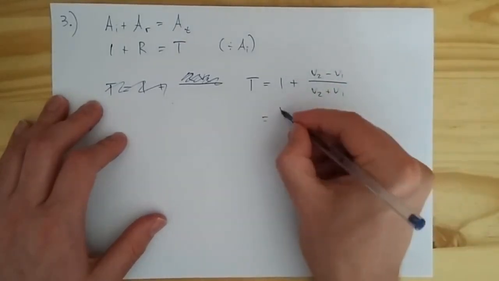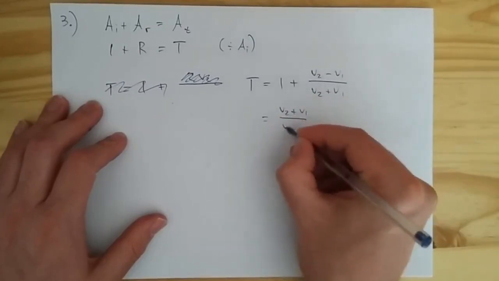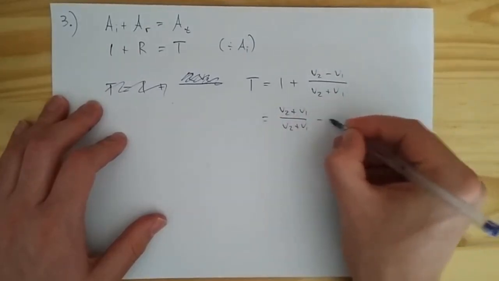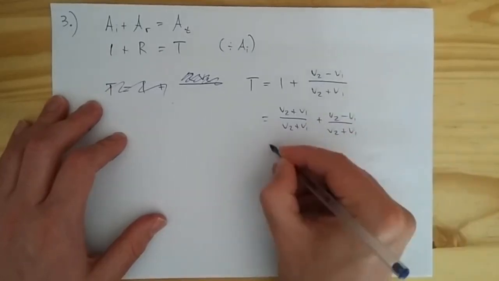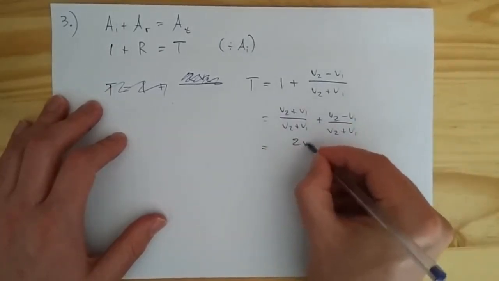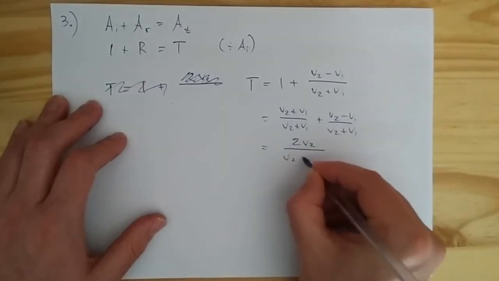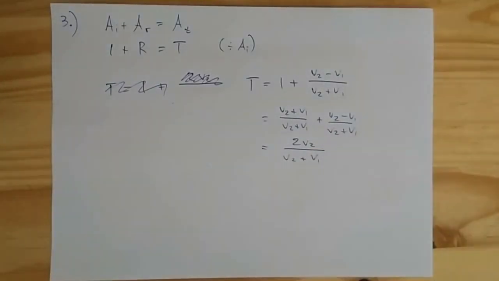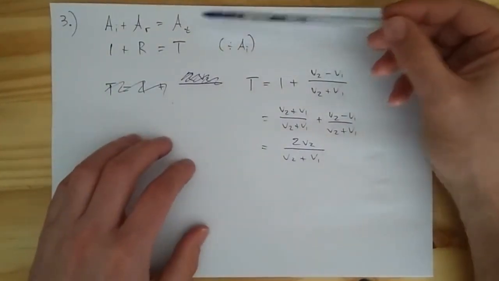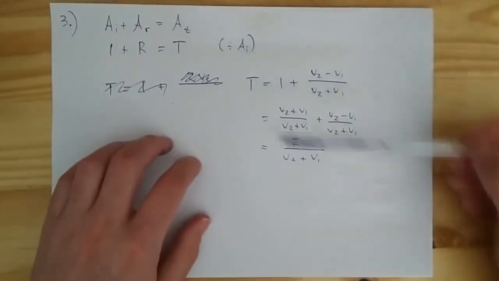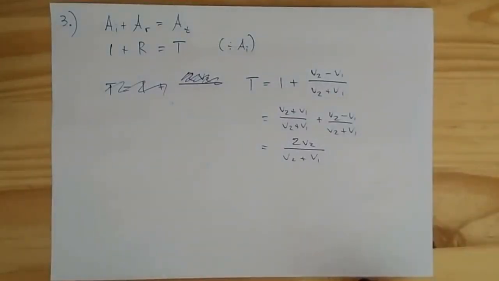So I just write that as v2 plus v1 over v2 plus v1, plus v2 minus v1 over v2 plus v1. That is then 2v2 over v2 plus v1. Okay, so to get that expression is trivial given the condition, and then I can just use the previous result to easily get the expression for the transmission amplitude coefficient.